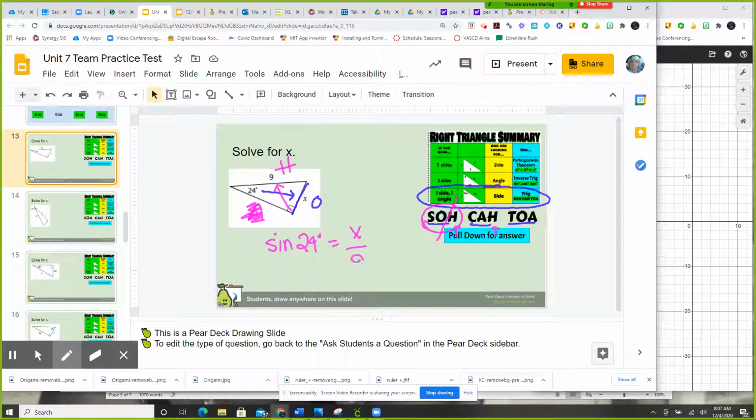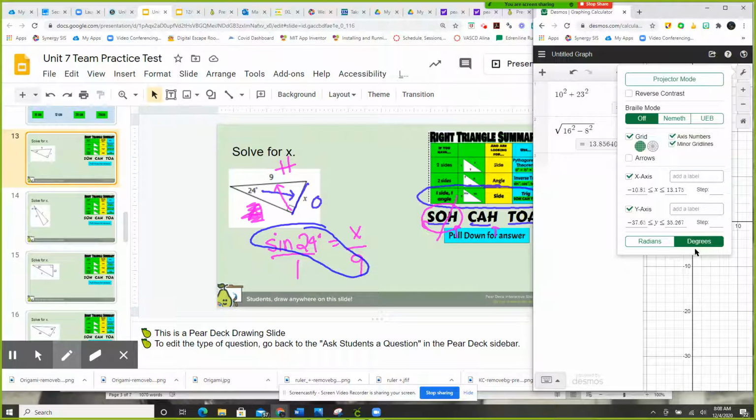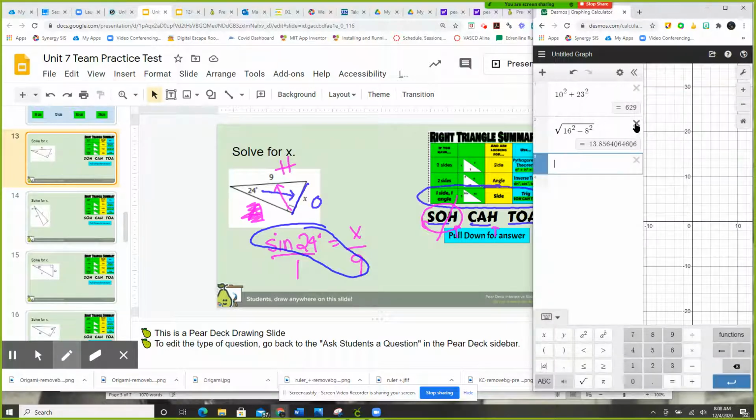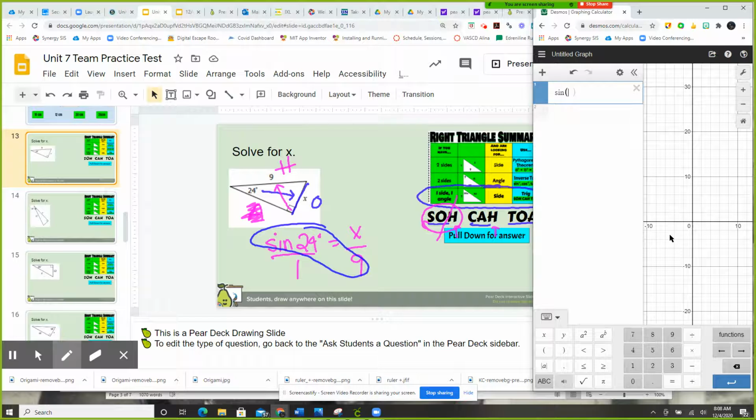So X over 9. I like to put a 1 under here. It's like the invisible 1 denominator, because then I can just multiply, and it makes my life a little bit easier. It makes it easier to look at that as an equation and know that I need to multiply. So then you come over here, make sure you're in which mode? Degree mode. Let's clear out all of that trig. You can either type in sine or you can click on it.